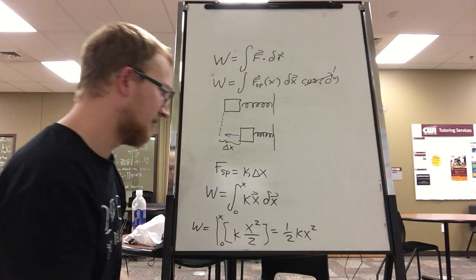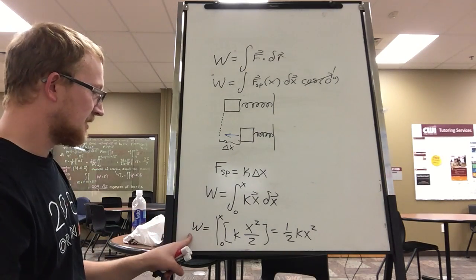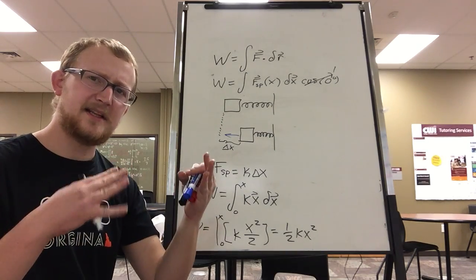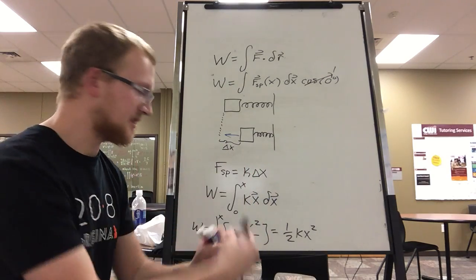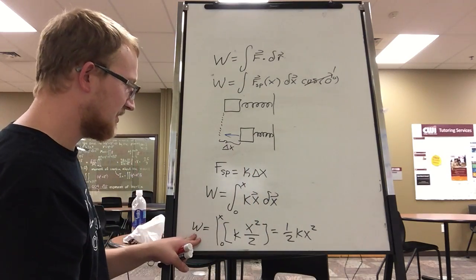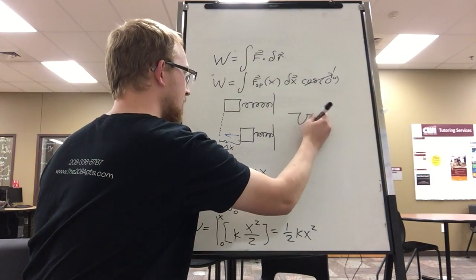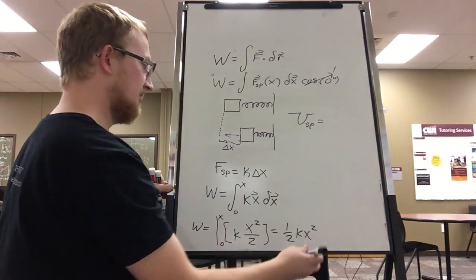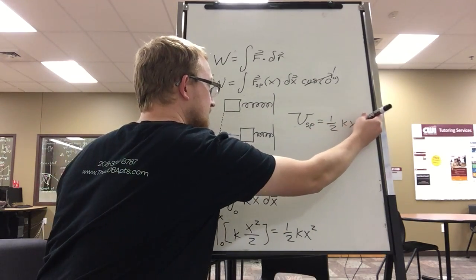And this is the formula for how much potential energy is in the spring. Work has this funny relation with potential energy, where you put work in and you give the system potential energy. So even though this is the work we put in, I can now also say that the potential energy due to the displacement of a spring is equal to 1/2 kx squared.